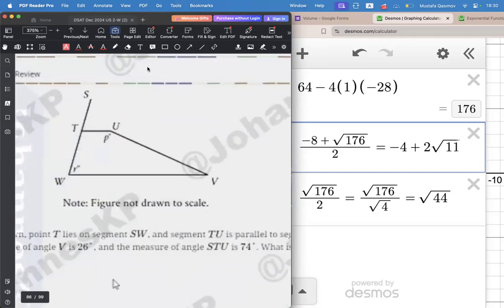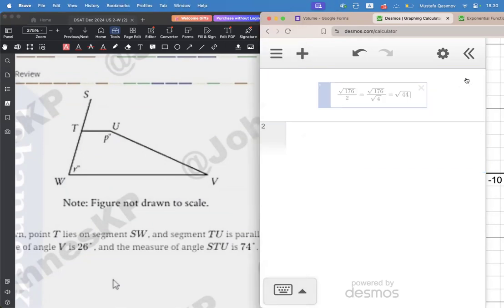Here, it says that these two lines are parallel to each other, TU and WV. STU is equal to 74. If it is 74, it means that R is also equal to 74.